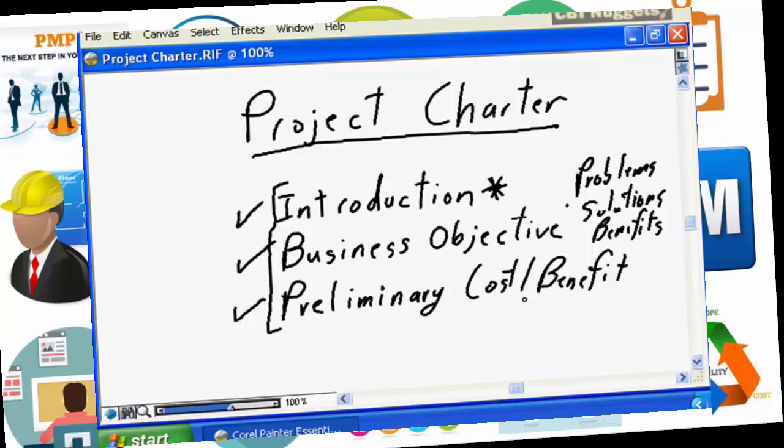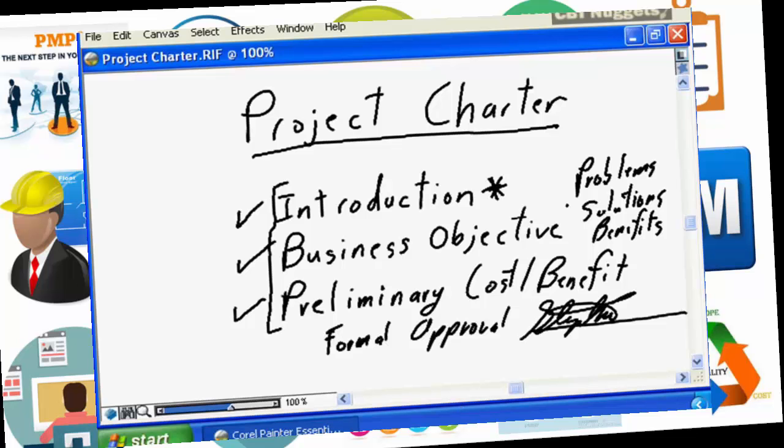My recommendation, and this may not be appropriate in all organizations, is you need to get formal approval, i.e. a signature line, and on that signature line I, the project manager, will sign my name. There will be another signature line where the business sponsor will sign their name.